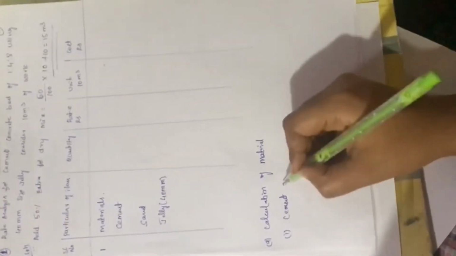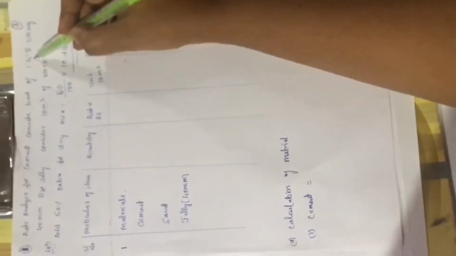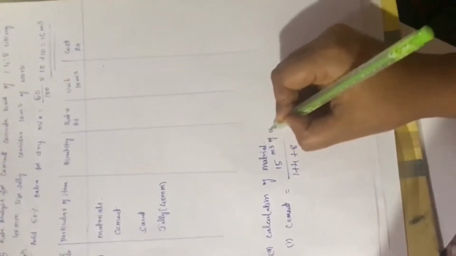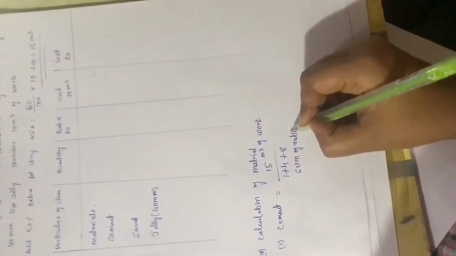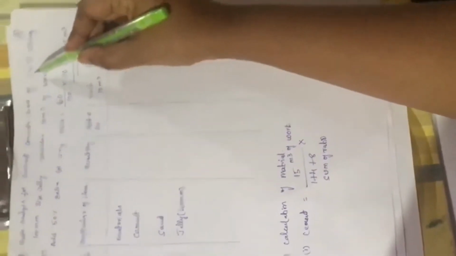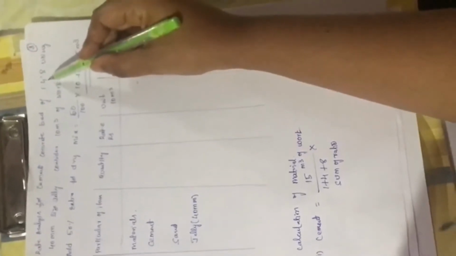Cement, when you are considering 1:4:8, for 15 meter cube, the sum of the ratio is 1 plus 4 plus 8. This 15 meter cube of the work goes into the quantity, because 1 is cement, 4 is fine aggregate, and 8 is coarse aggregate. So 1 will give 1.15 meter cube of cement required.